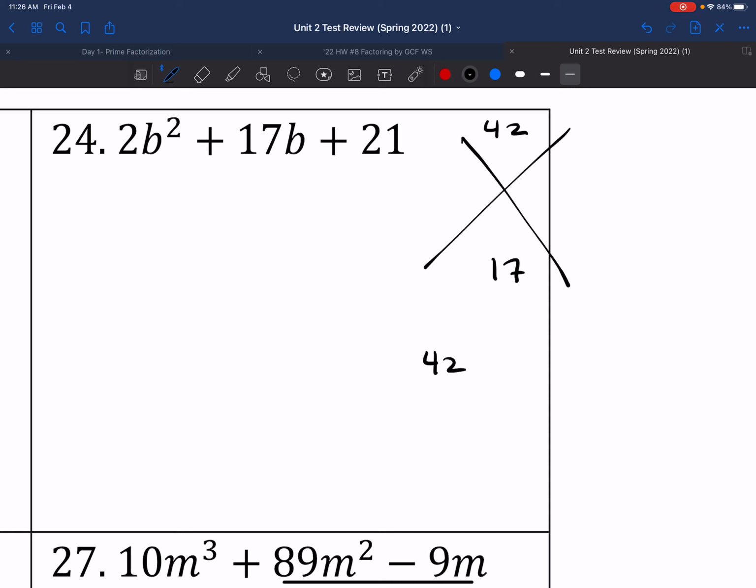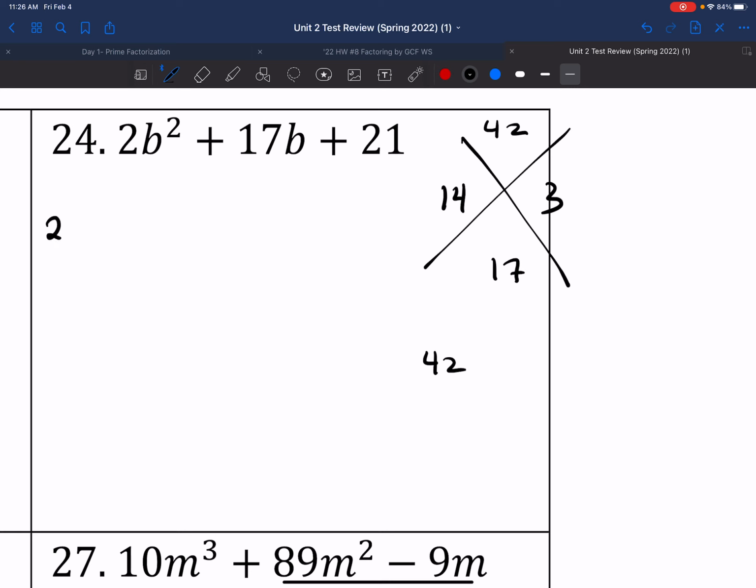Sorry, I'm getting my calculator out, trying to figure this out. 42 divided by 6. 6 plus 7 is 13, so that's not what I want. But let's see. Okay, I got it. 14 and 3, because 14 times 3 is going to give you 42.